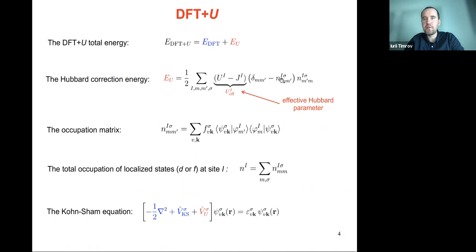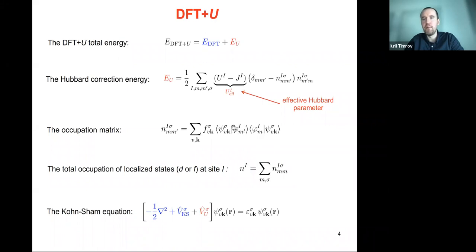Index I corresponds to atoms, so it labels atoms. Sigma is the spin index. It can be spin up or spin down. And this object is called the occupation matrix. It's defined as 2 scalar products. One is between the Kohn-Sham wave function psi, which depends on spin sigma, V, which is the electronic band index, and K, the k point, and phi, which are localized functions.